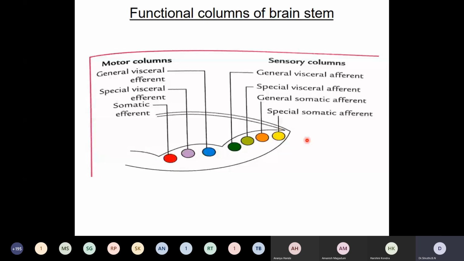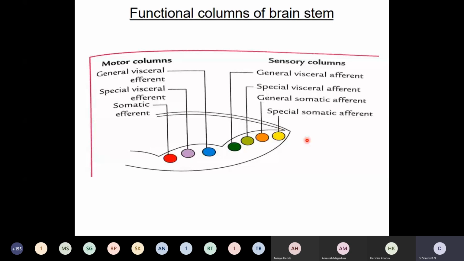What are the three structures? Midbrain, pons and medulla oblongata. Together it is called the brainstem. Unless we say it is the midbrain or specifically the pons, brainstem means anywhere along this. So these three parts of the brain together are called the brainstem.